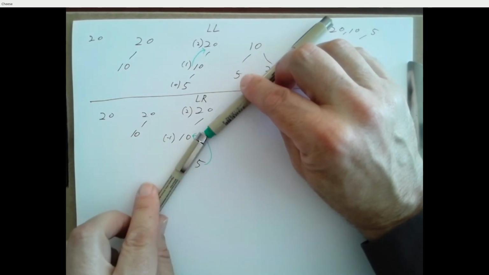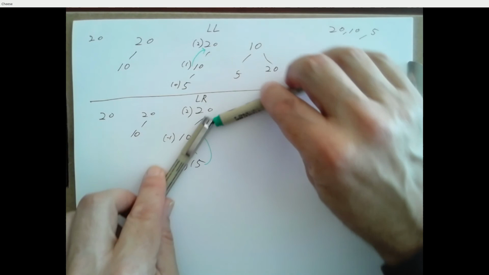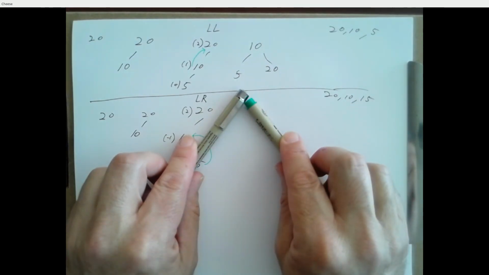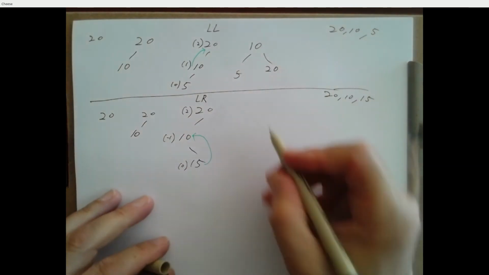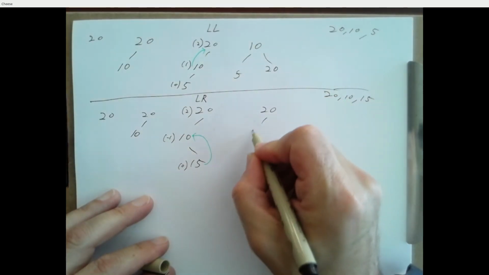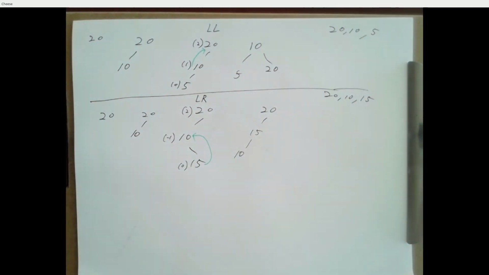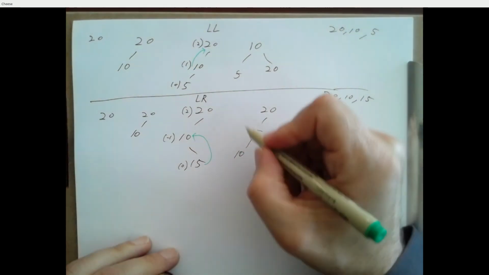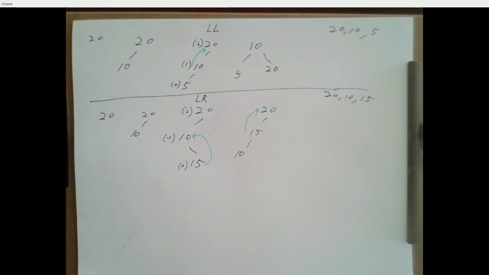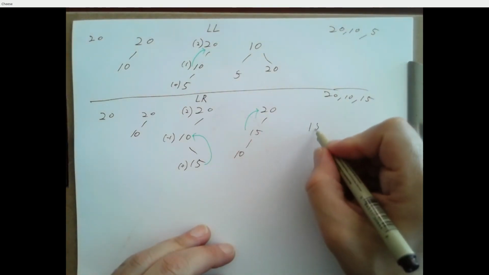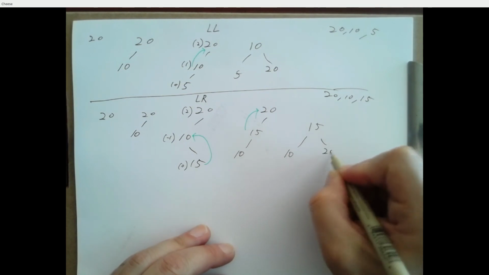And that's going to put us in a left-left situation, and then we're going to go like this. So we're going to do this first rotation, which is going to turn us into 20, 15, 10. And then we're going to do this rotation, which will give us 15, 10, 20.